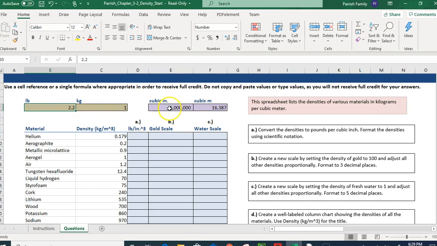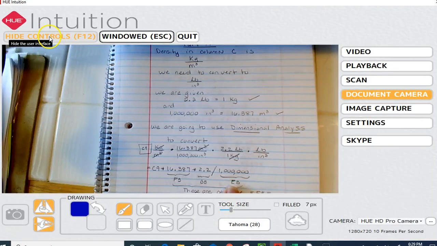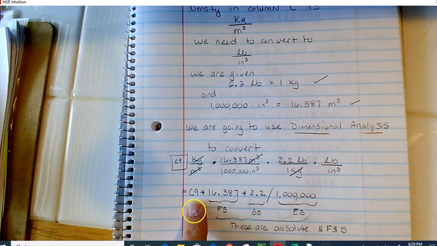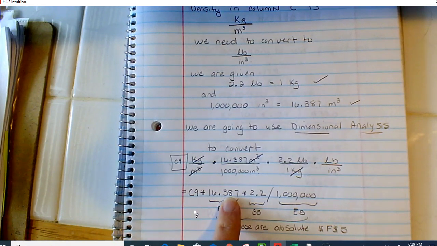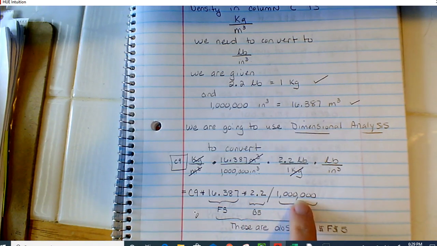And the 100,000 is in E5. If I look at my formula again, I'm going to take C9 times the 16.387, which is located in F5, multiply it by the 2.2, which is located in B5, and then divide by the 100,000, which is located in E5.